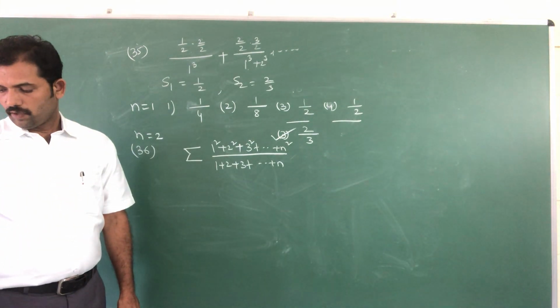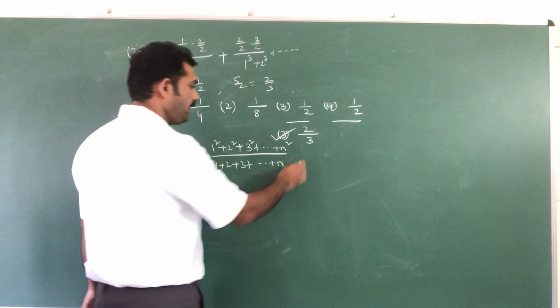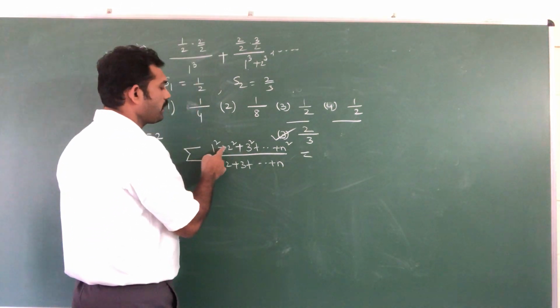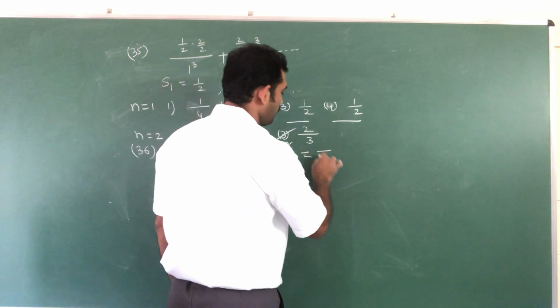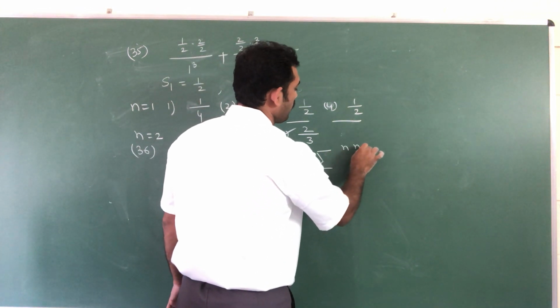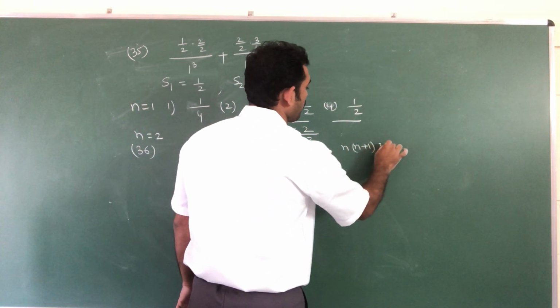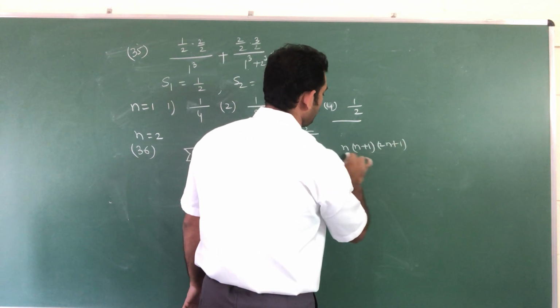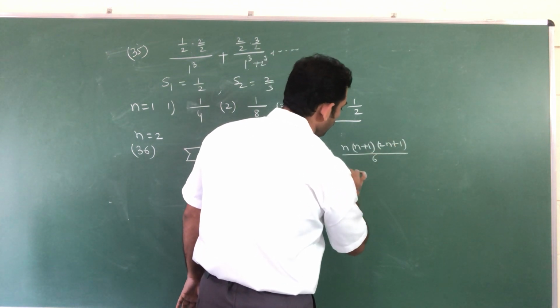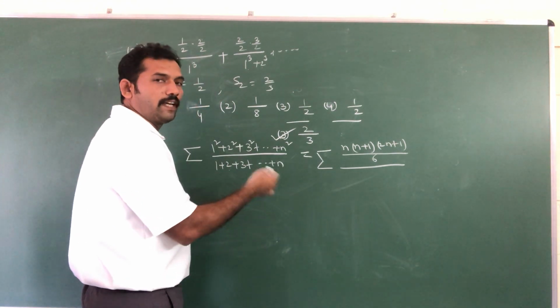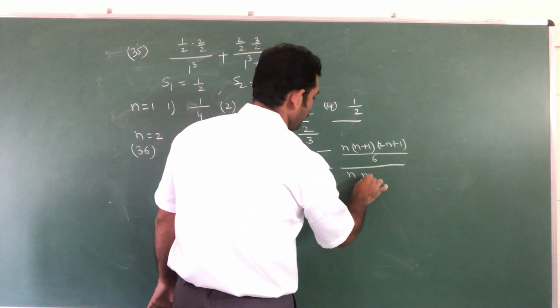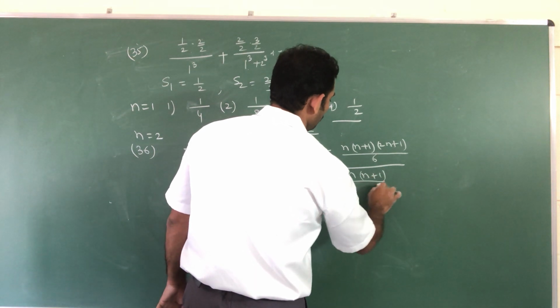Then what is the value of sigma here? Sigma 1 square plus 2 square plus 3 square and so on n square is nothing but n into n plus 1 into 2n plus 1 divided by 6, whole divided by 1 plus 2 plus 3 and so on n, which is n into n plus 1 divided by 2.